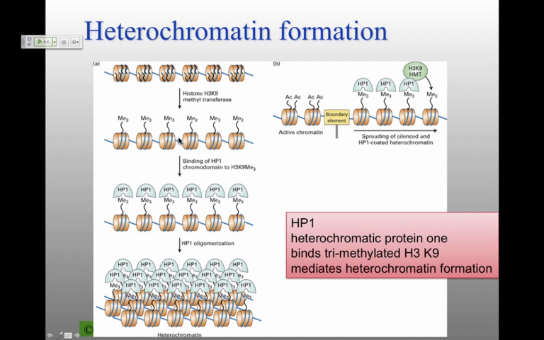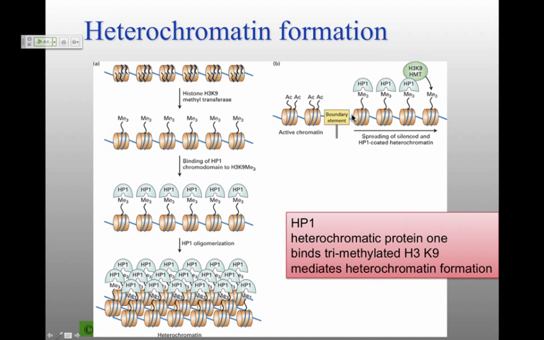Once you've had methylation at that particular position, and again, this is trimethylation, now you have binding of this heterochromatic protein 1, HP1. As soon as that binds to this methylated histone, HP1 loves to bind to itself. And so basically it's that HP1 interaction with HP1 which leads to the formation of your heterochromatin. So here, HP1 binds to itself, forms your heterochromatin.